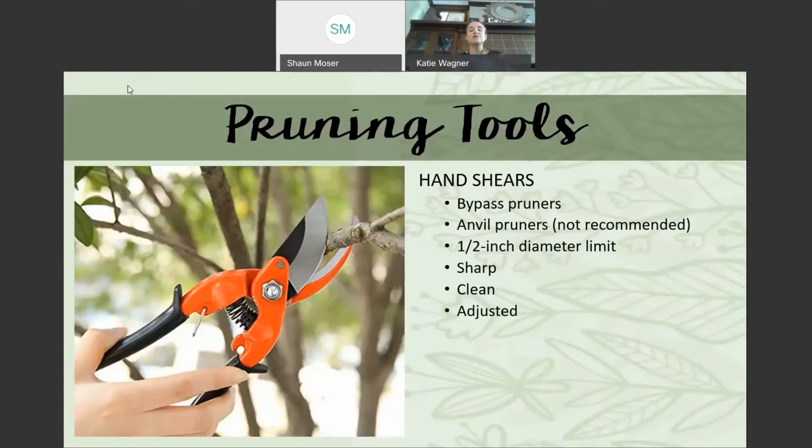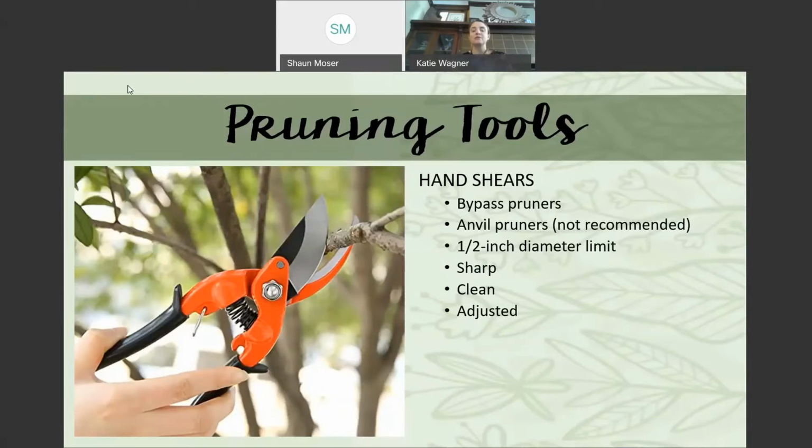When we get into larger size branches, so we're looking at anything from about a 1/2 inch diameter down, then an appropriate tool would be a pair of hand shears. We would recommend that you purchase a good pair of bypass pruners. That's what you're looking at here, where you have the 2 blades that are bypassing one another, as opposed to anvil pruners.